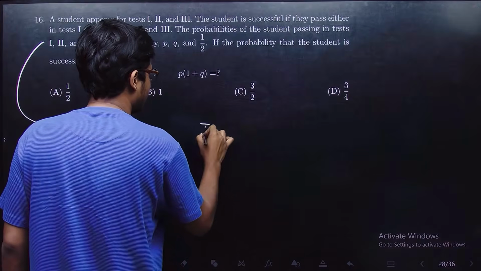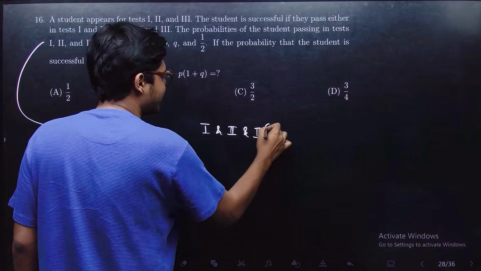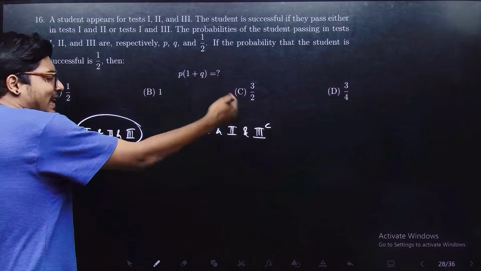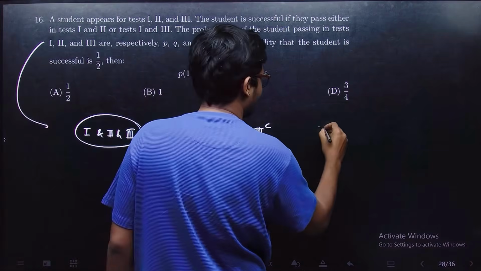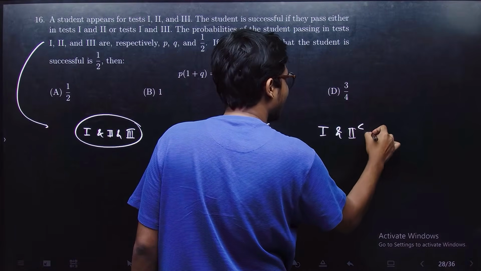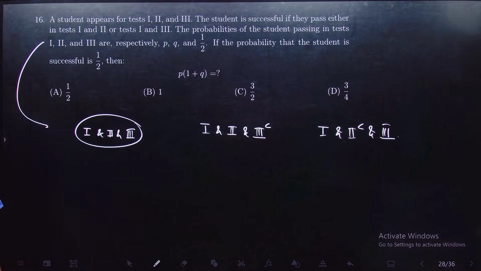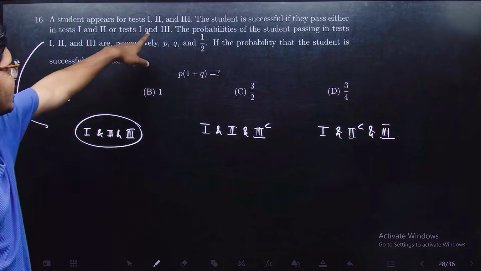If I write it as 1 and 2 and 3 complement, I can write it like this, right? So he passes exams 1 and 2 and fails in 3, or in the other case, he passes 1, fails 2, and again passes 3. So these are the only 3 cases in which the student is successful. So what is the required probability? The sum of these 3. And again observe that these are all independent tests, right?